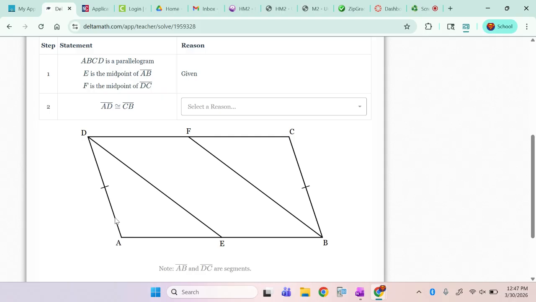So they said that AD is congruent to CB. Why are those two sides congruent? What in our givens tells us that those two sides are congruent?